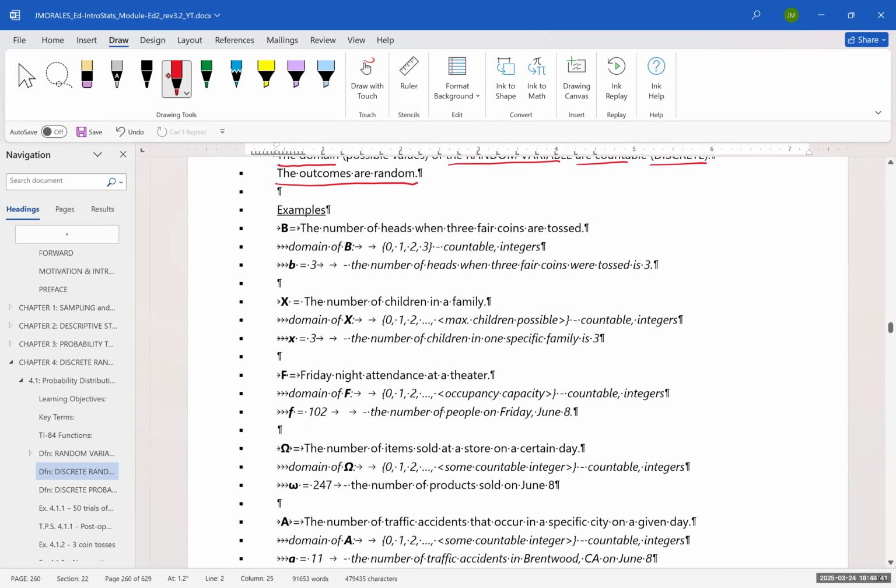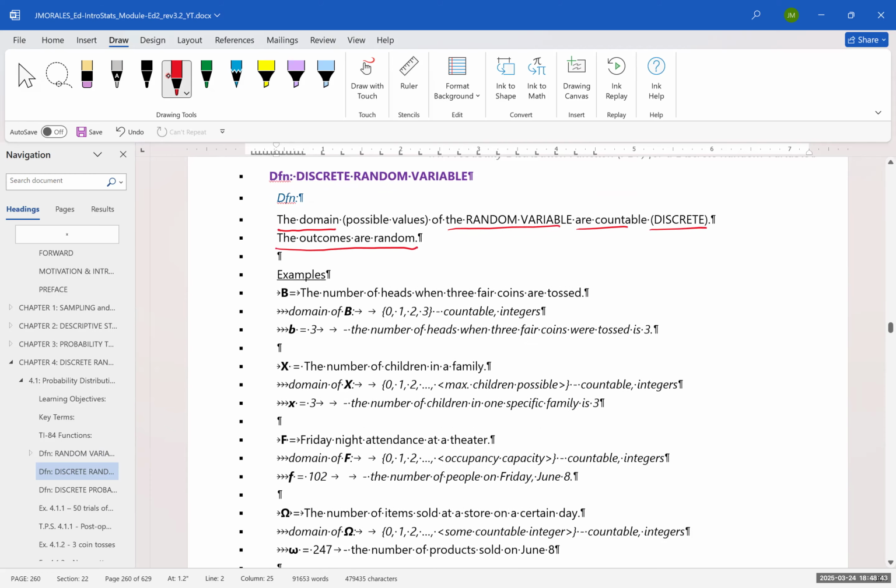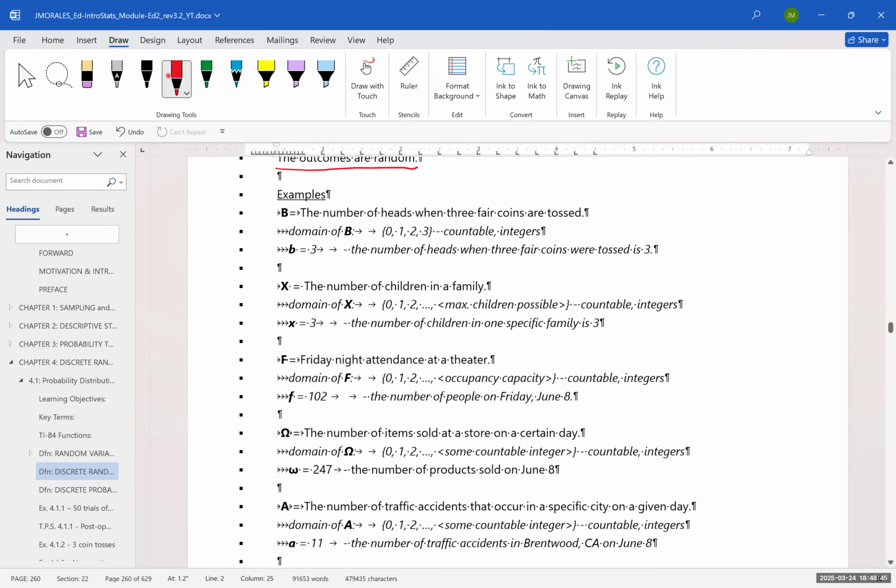So here I've got some examples of discrete random variables. Previously we defined random variable B to be the number of heads when 3 fair coins are tossed. And so the domain of that random variable was 0, 1, 2, or 3. So those are countable. And lowercase b would be equal to one of the values in the domain.